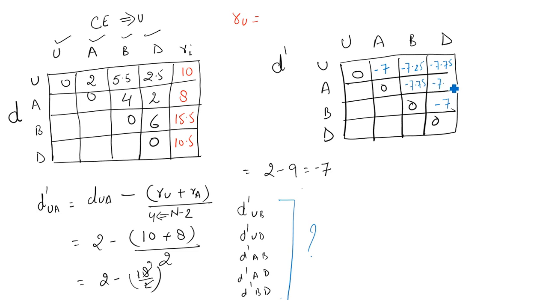And this is also 2.5. The previous value was right. I think I did some small silly mistake, so that's why it got disturbed. Okay, so now we have 2 minus 7, 2 minus 7.25 and 2 minus 7.75.